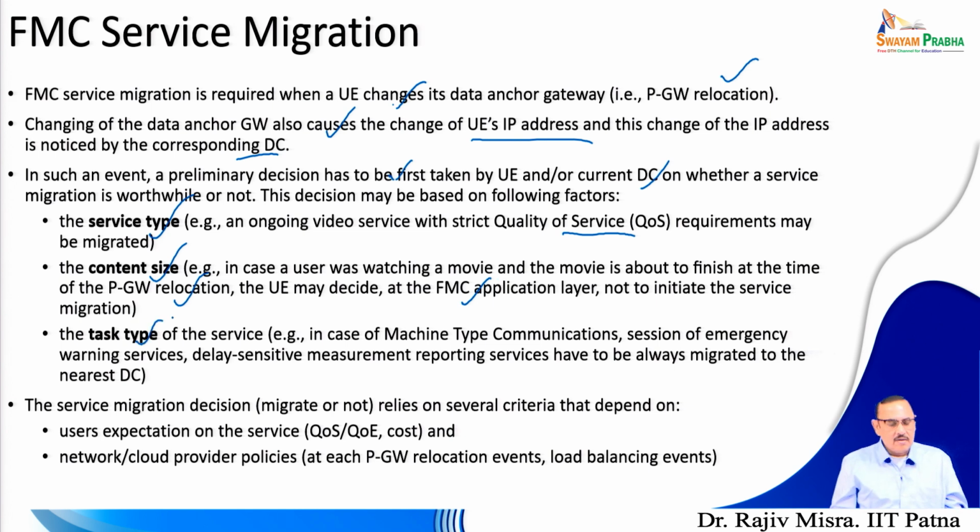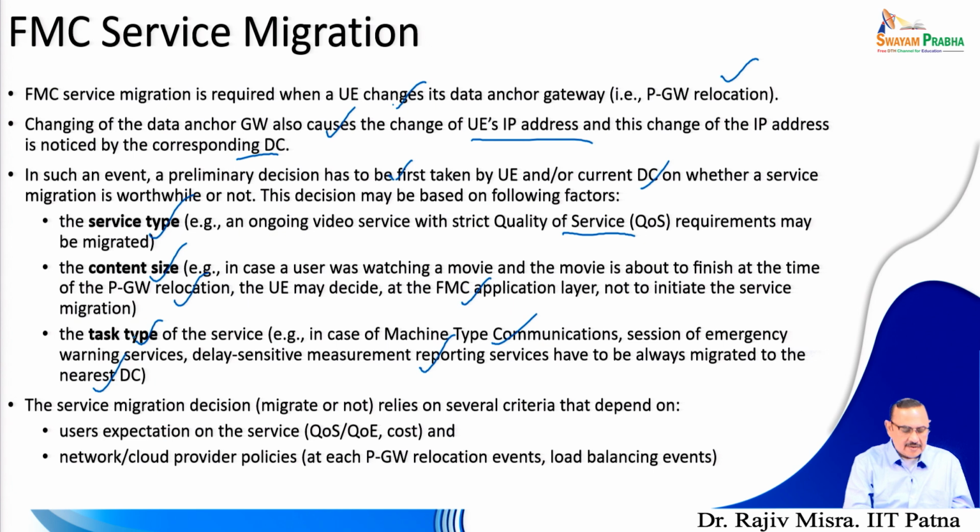Third factor is the task type of service. In case of machine type communication, sessions of emergency warning, delay sensitive reporting have to be always migrated to the nearest data center.